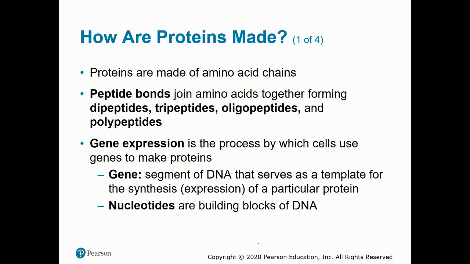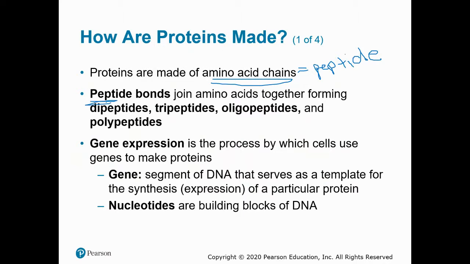Transamination. Okay, so now we'll talk in more depth about how proteins are made. So proteins are made of amino acid chains, and we could call these peptides, peptide chains. So remember we talked about pepsin as one of the digestive enzymes in the stomach, and pepsin digests proteins.